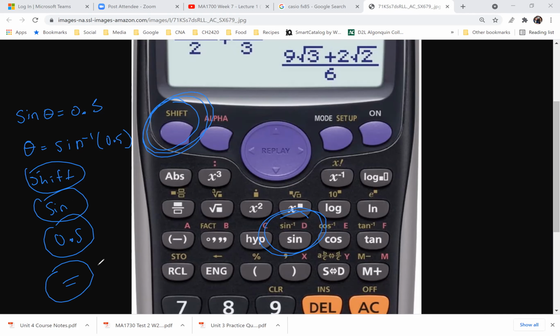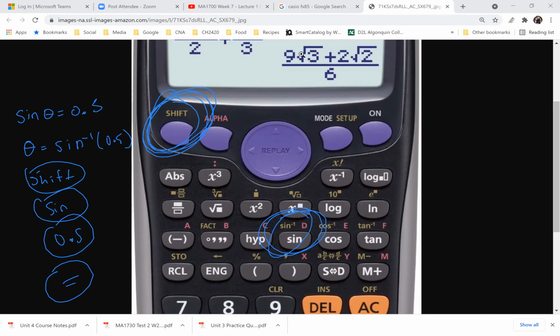So to solve for the angle, you take the inverse of that function, or trigonometric ratio, we could say. So for sine, you go second function sine, or sorry, shift sine. On other calculators, it might say second function. It's all the same.